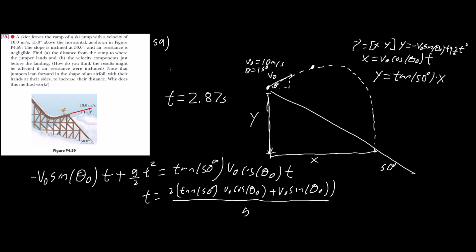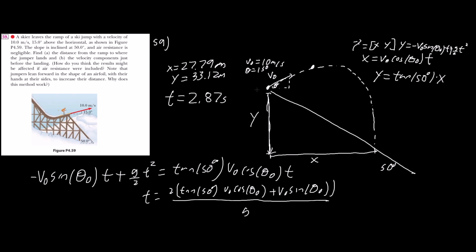According to this, my x, which I have stored on my TI-84 calculator, is 27.79 meters, and my y is 33.12 meters. This gives the distance along the ramp where the jumper lands.